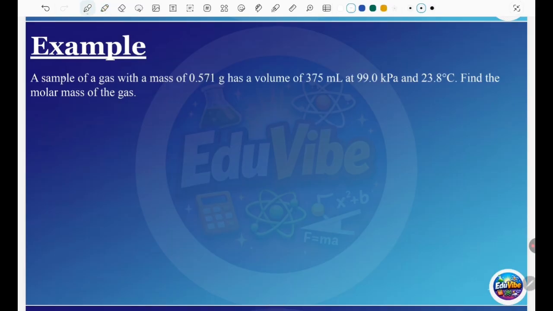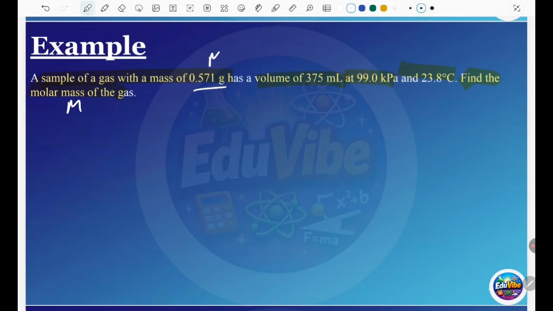A sample of a gas with a mass of 0.571 grams has a volume of 375 mL at 99.0 kPa and 23.8 degrees Celsius. Find the molar mass of the gas. You have to find the capital M. This is the unknown gas, so that's what you have to find now.